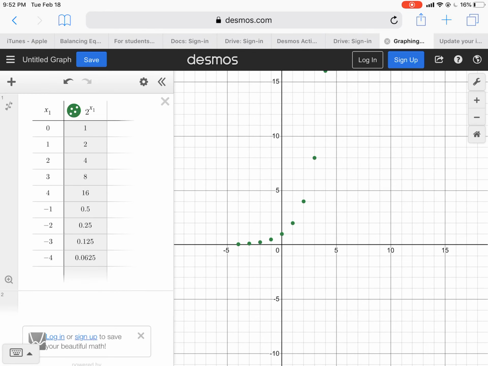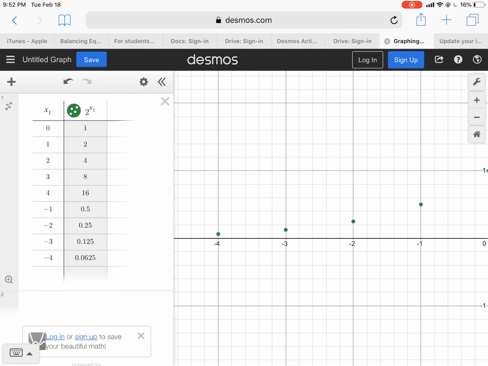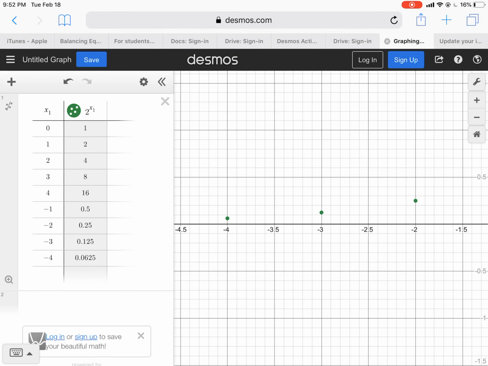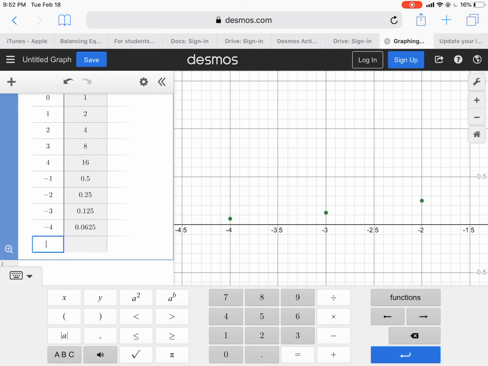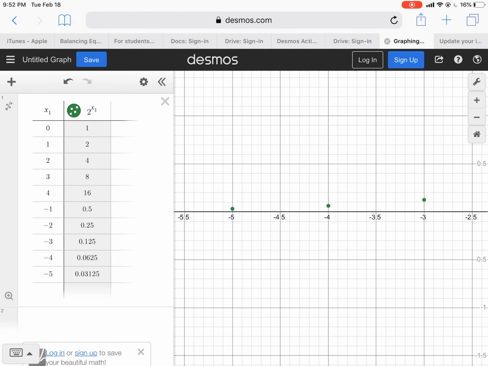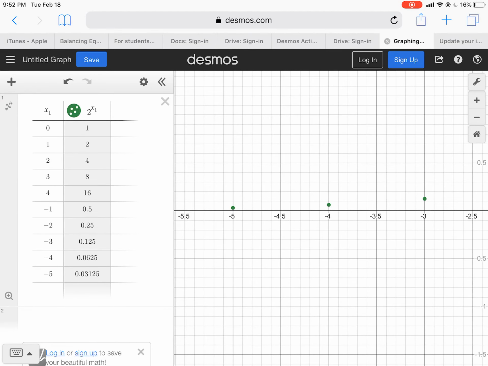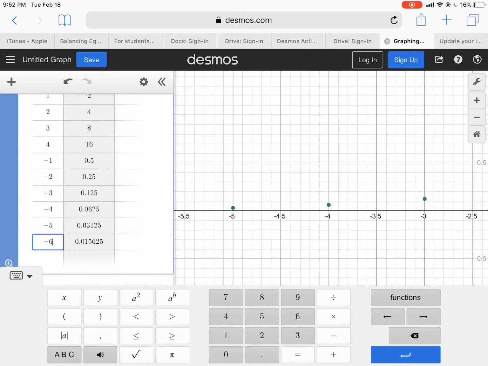It almost looks like it's on the 0, but if I bring the graph larger and larger of a scale, you can see it's really not touching the x-axis, although it looks like it. So I'm going to put in a -5 and see it is on there at 0.03125. And I can just keep doing that and putting in smaller and smaller numbers.